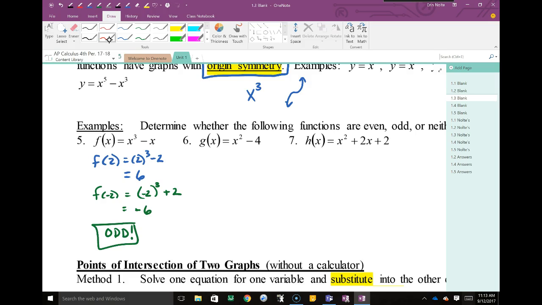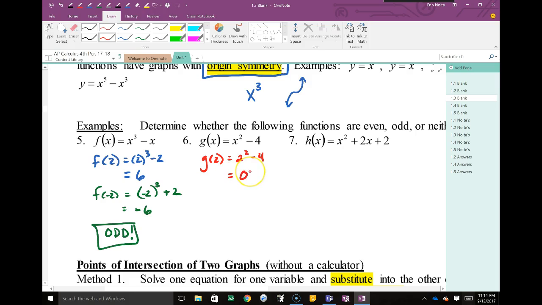Okay, what about 6? How can we prove which one this is? Even, right? So this would be even. If I plug in 2 again, I would get 2 squared minus 4, 0.